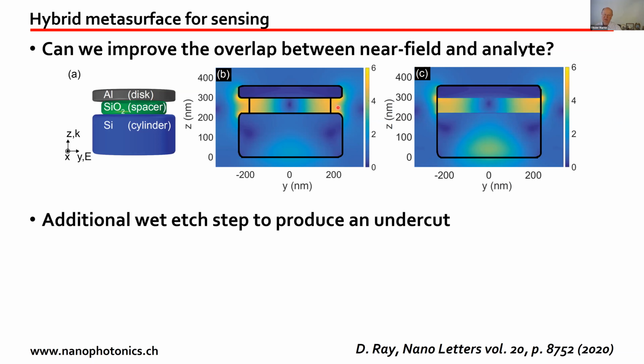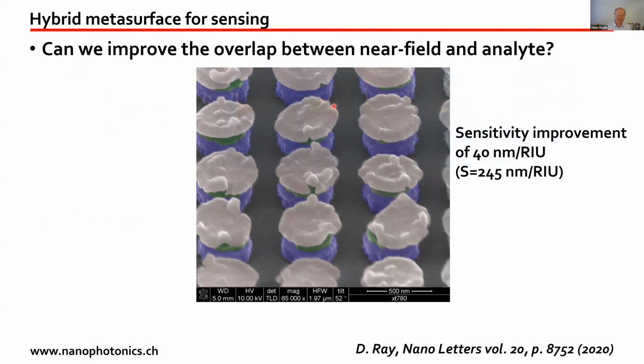So this can be done by making a wet etch HF step to do this undercut, and it can be fabricated. These are lovely little cupcakes. So we see the aluminum on top. Aluminum is very grainy. It doesn't really matter for this type of application, but it is quite grainy.